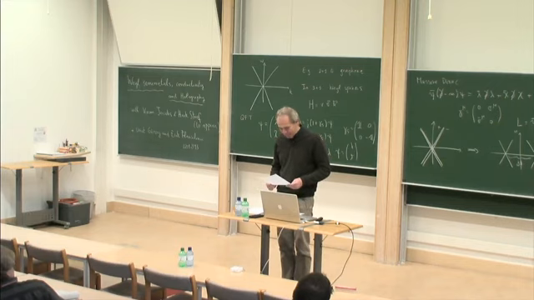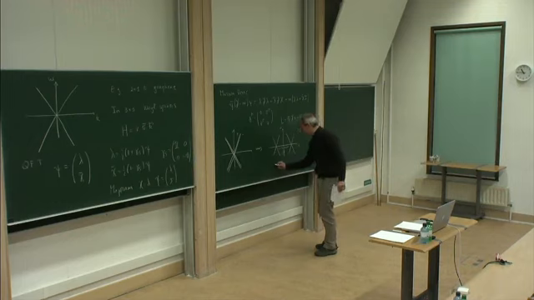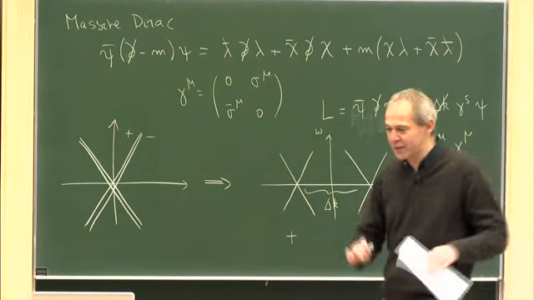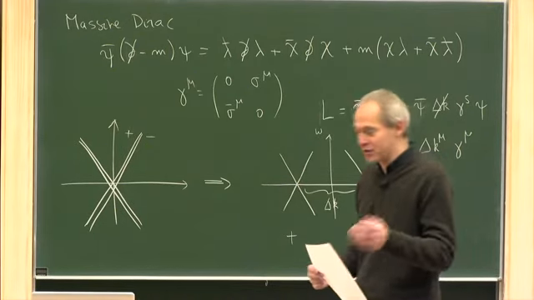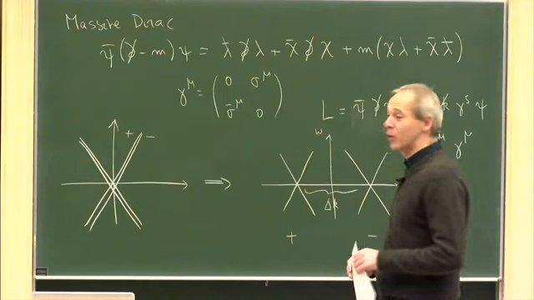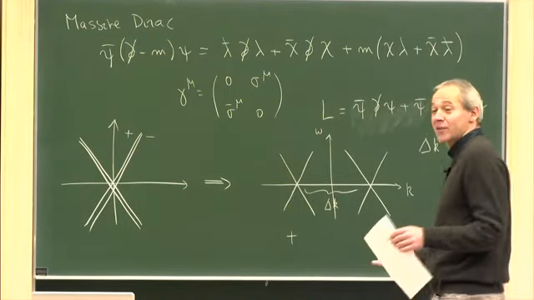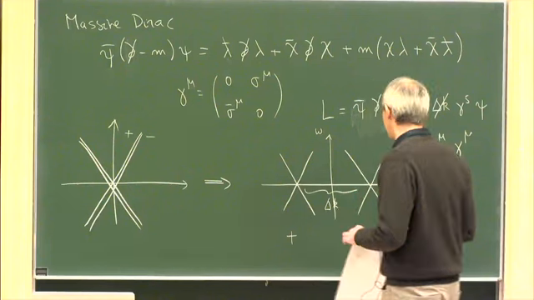So good, the separation. Here's the positive chirality, let's say, and here's the negative chirality. So you split these cones, and especially high energy physicists know very well that when you have chiral fermions there are chiral anomalies, and that means that chirality, let's say chiral currents, is not conserved.